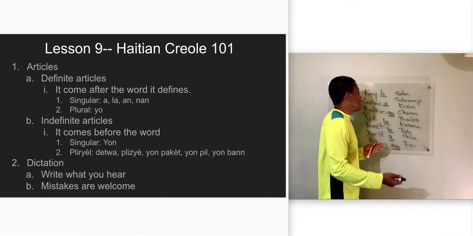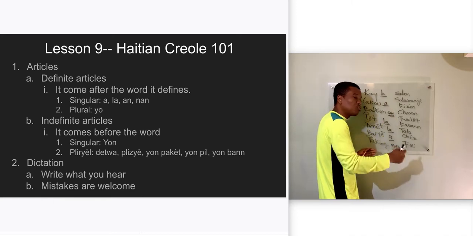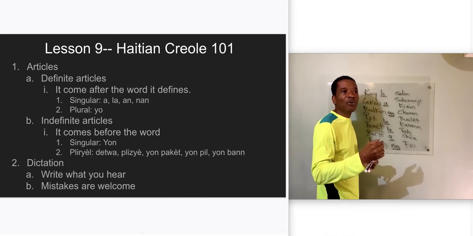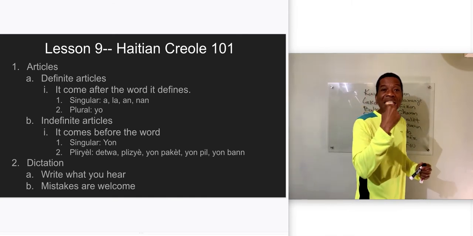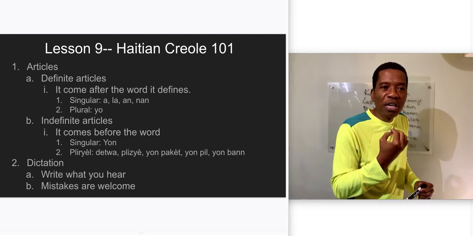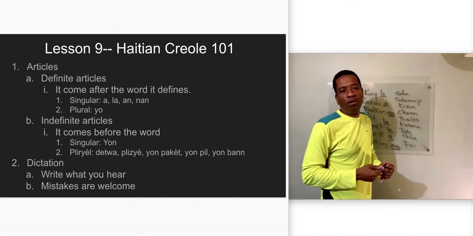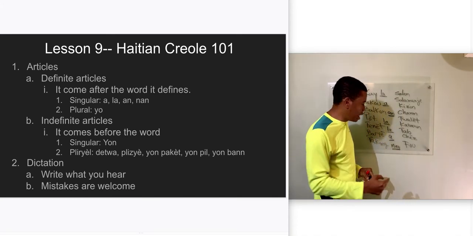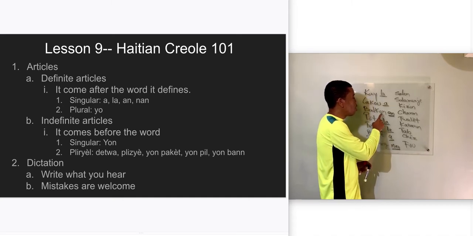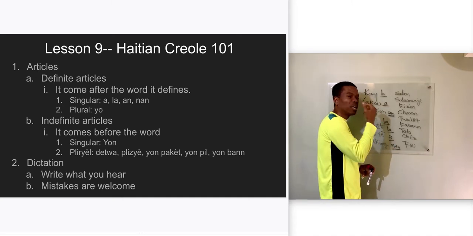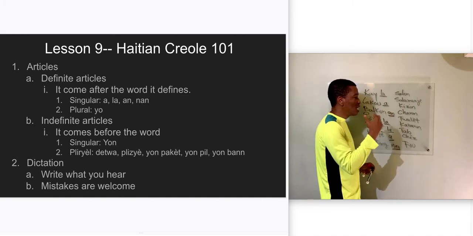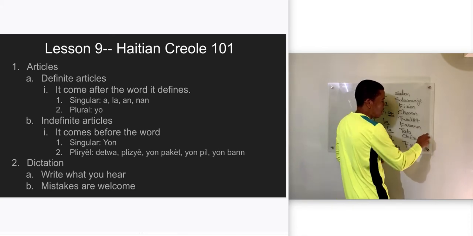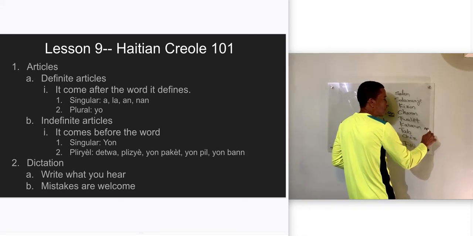One thing that makes the difference between which article we're going to use is the sound that comes before it. If this sound is a nasal sound that comes from your nose, it will be no. Like this one, King no. Anytime, like for instance carbon, a nasal sound, it will be no. Carbon no. Carbon is the bed.